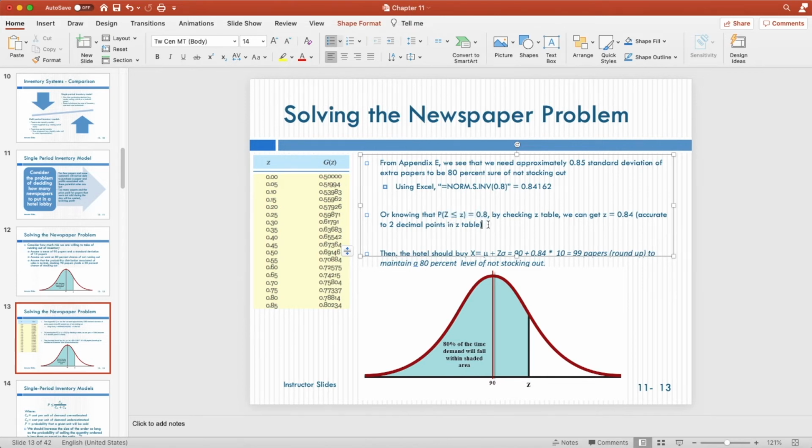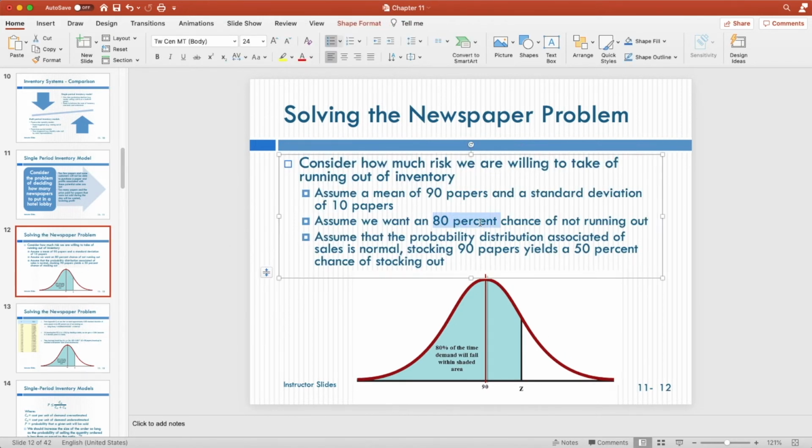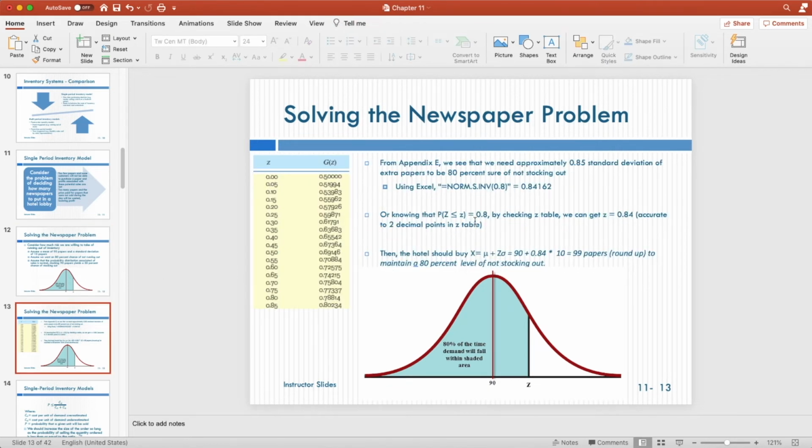The standard normal distribution has mean equal to 0 and standard deviation equal to 1. So the equation tells us that when z is less than or equal to a certain value, the corresponding probability equals 0.8, because we set it: we maintained an 80% chance of not running out. That's why the 80% chance is equivalent to 0.8.